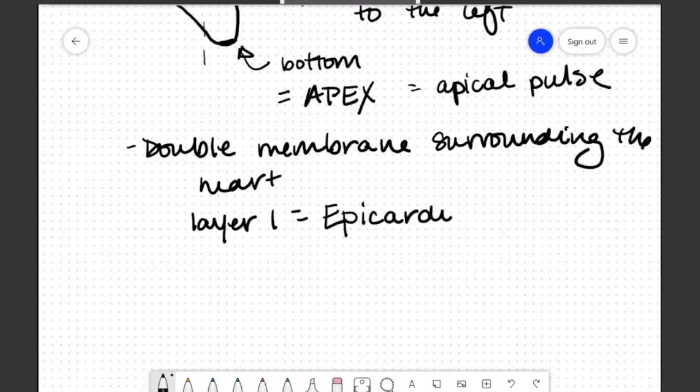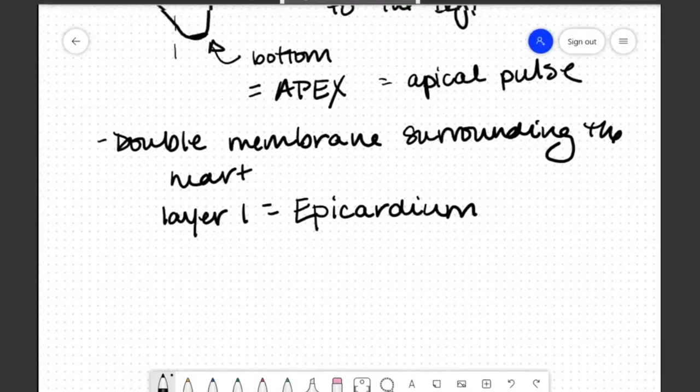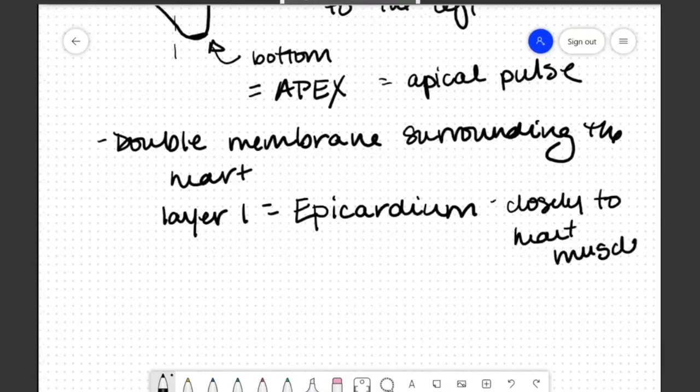You're going to see cardi a lot in what we're talking about. Just keep in mind the root word of that is going to mean that anything is related to the heart. So the layer 1 is going to be the epicardium, and this is going to be closely applied to the heart muscle. So this is the layer that is actually adhered to the heart muscle itself.